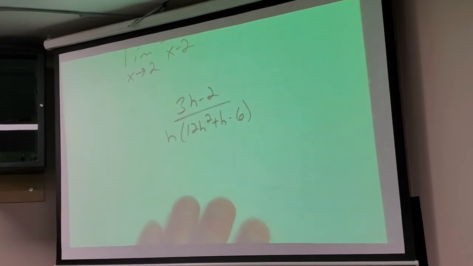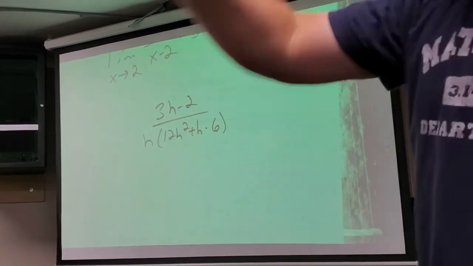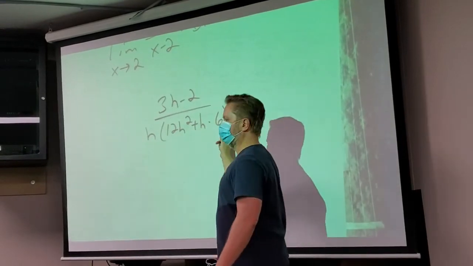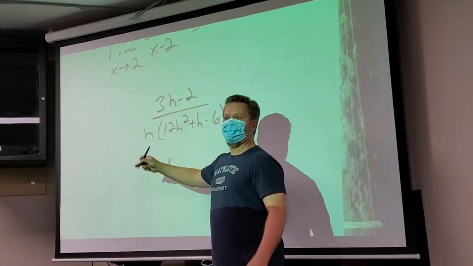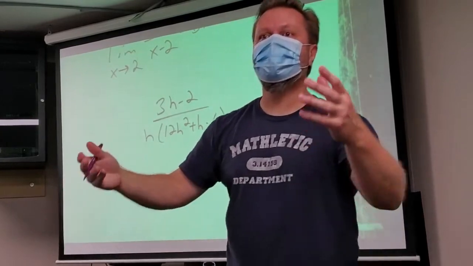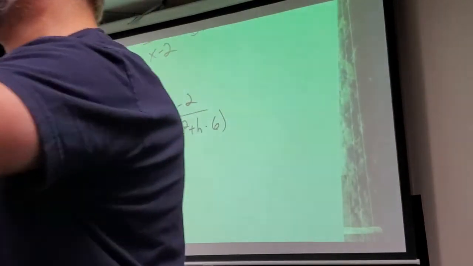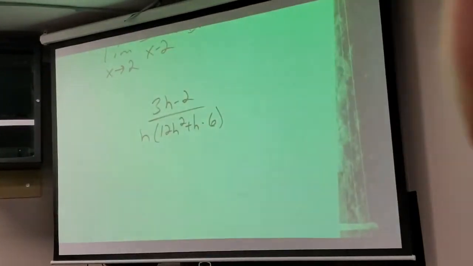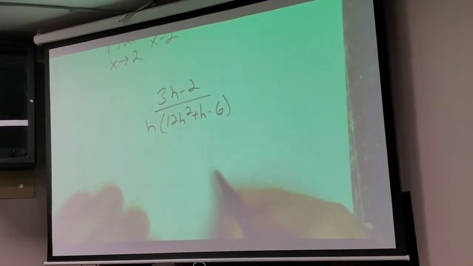In order for factoring this to lead me anywhere, what must be a piece of this? 3h minus 2. Do you guys with me? In order for factoring to help me, 3h minus 2. So it's easy now. I really want you guys to agree with me.